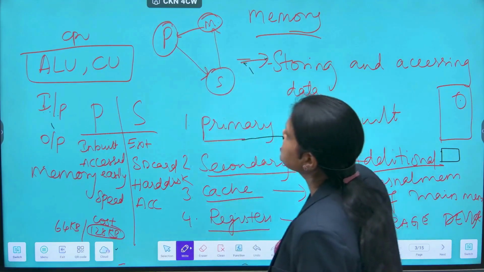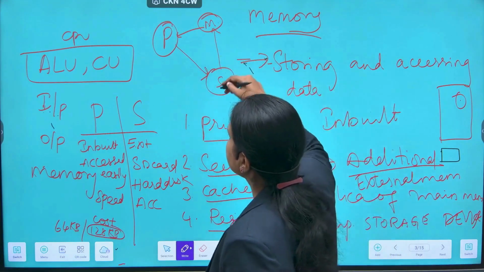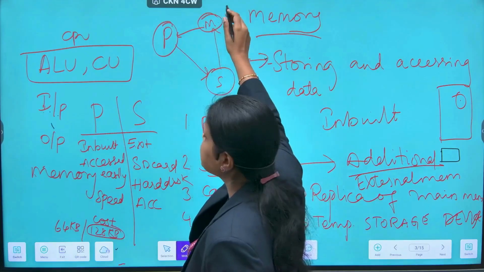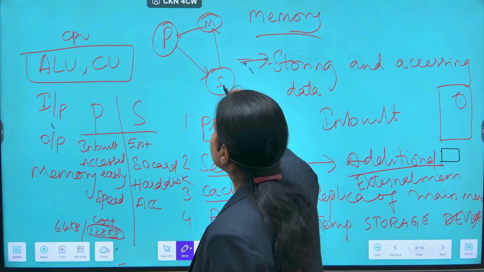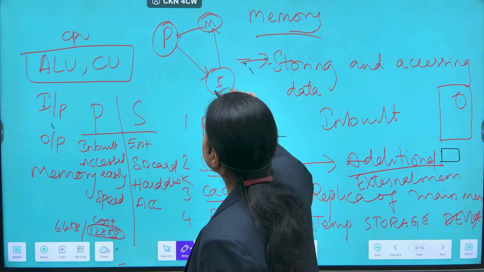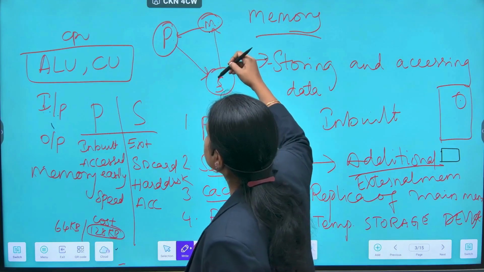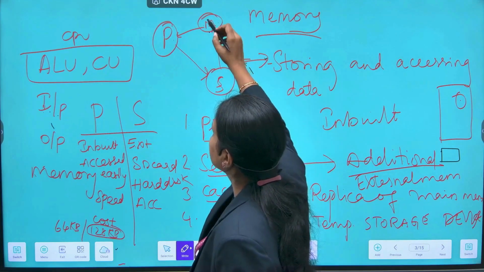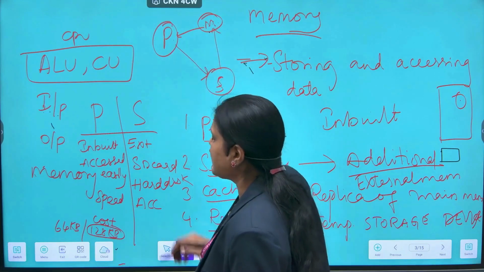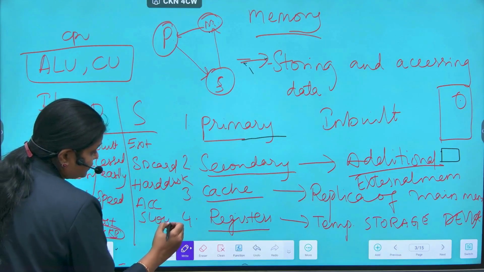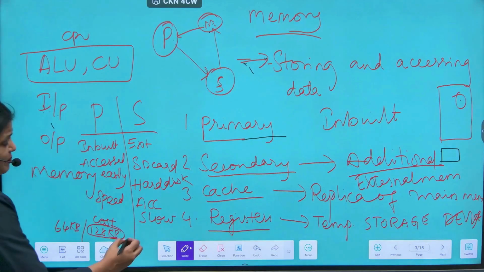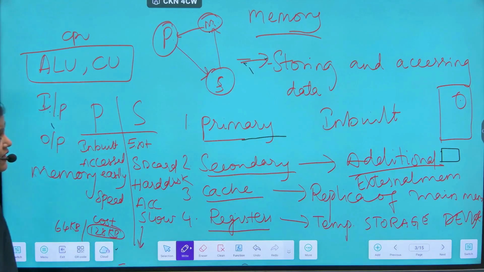So many steps need to be followed. If it is internal memory, the processor can access it directly, but if it is external memory, first the contents are loaded into internal memory, and from there accessing is done. So it is slow compared to inbuilt memory, and the price is also less.